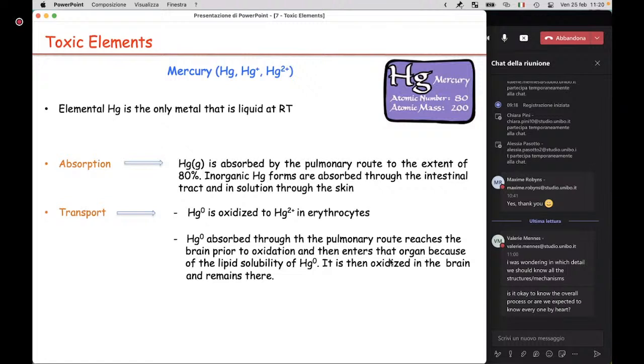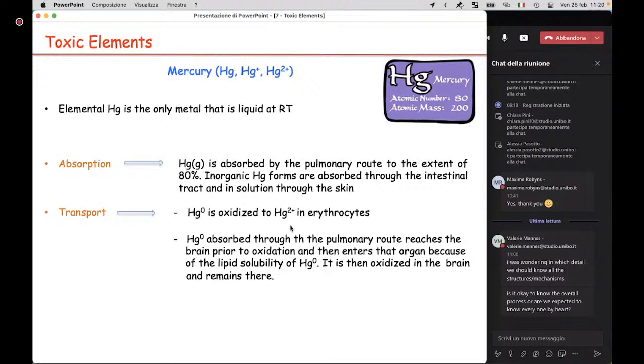This is quite peculiar as a mechanism, because we know that usually heavy metals are toxic in their cationic form, but mercury is toxic also in its metal form because it is easily absorbed, it easily passes into the brain, and then it is bioactivated.